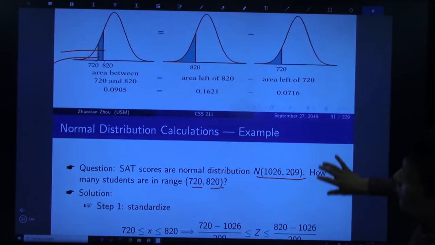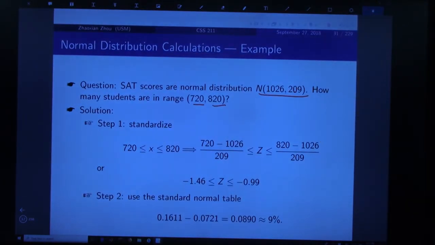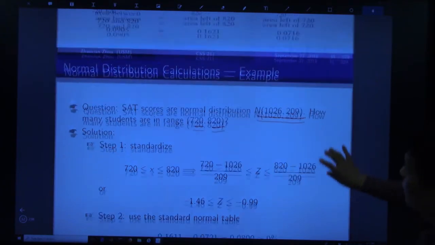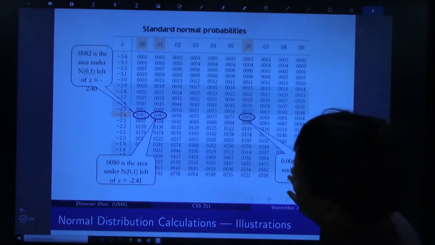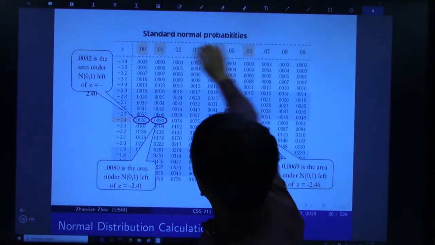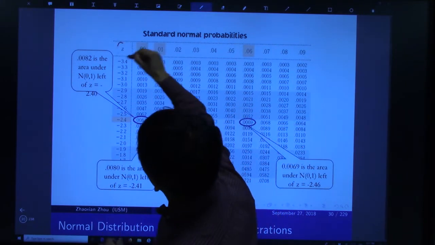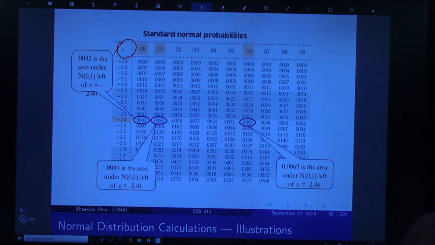So how do we do this? As we know, in table A, on the side and on the top, these are the z-scores, not x. So we need to calculate the z-score first.